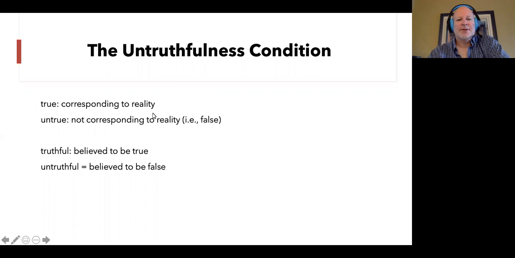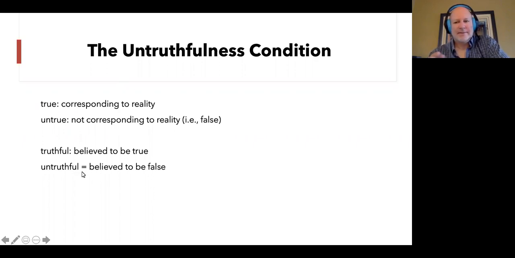So if the proposition corresponds to reality, it's true. If that proposition is believed to be true by the person asserting it, then it's truthful. If the proposition doesn't correspond to reality, then it's untrue or false. If the person asserting the proposition believes that it's false, then we say that it's untruthful.